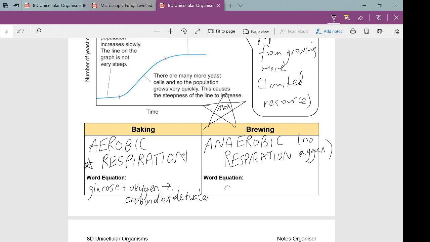And what it does is it takes the sugar that's available, and instead of combining it with oxygen, it breaks that sugar down directly into carbon dioxide plus ethanol. And ethanol is the alcohol that people would drink.